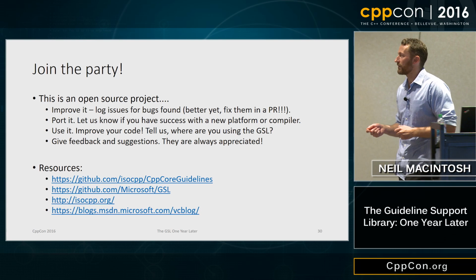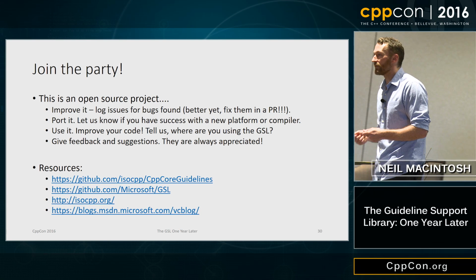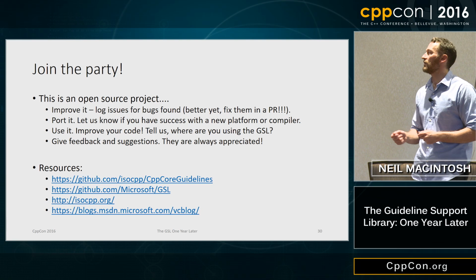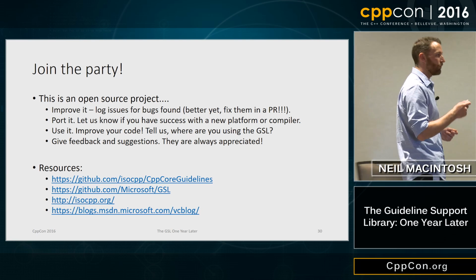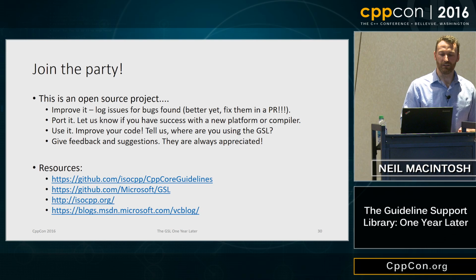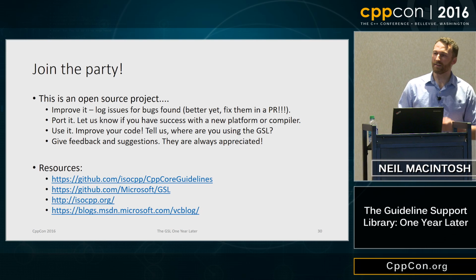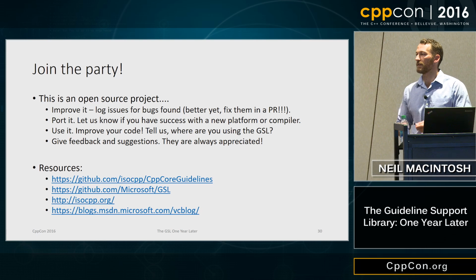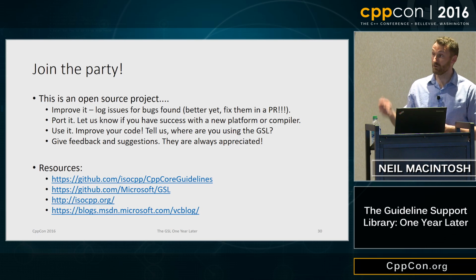So the questions were well timed because we've hit my last slide, which is enthusing all of you to join the GSL party, right? I want more than 41 contributors next year on my little GitHub homepage. The more people that contribute to this, the better. People find bugs all the time. They find limitations with their specific usage.